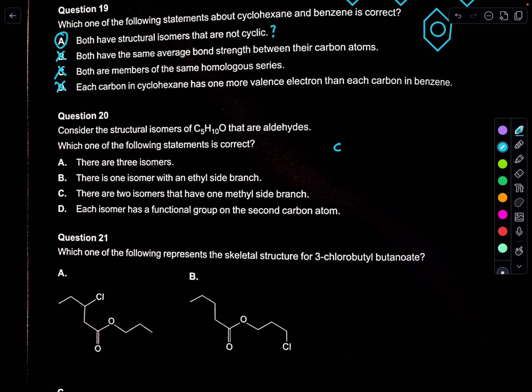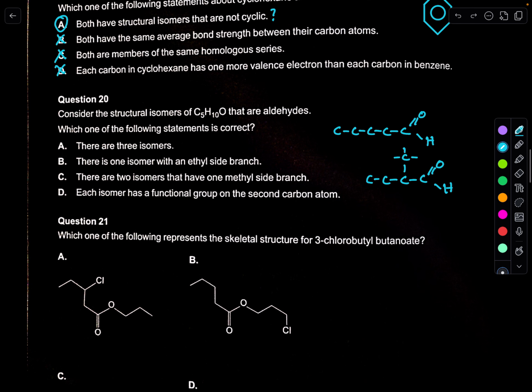So we can look at the easiest one, which is C to C, which is linear, and we have this aldehyde over here. We can also have a methyl on the second carbon, so that's the first carbon, the second carbon.